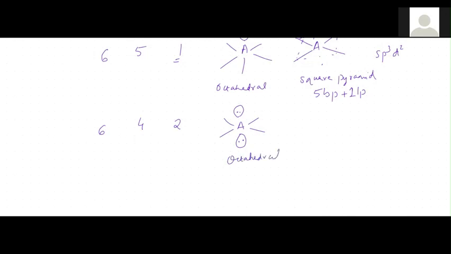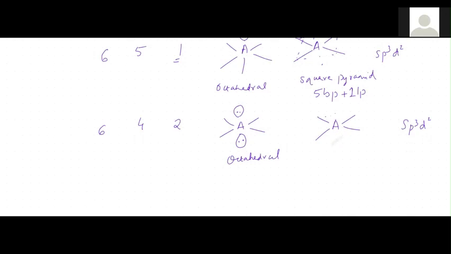The hybridization is sp3d2. The geometry is not the same as the shape because the shape does not depend upon the lone pair. These are the two lone pairs, but I will ignore them.